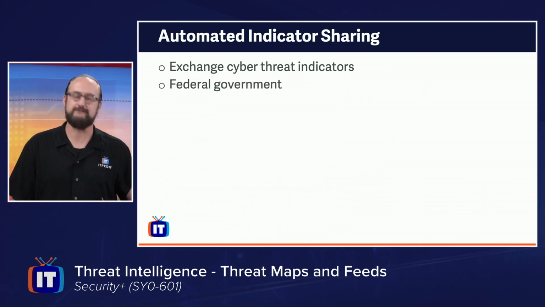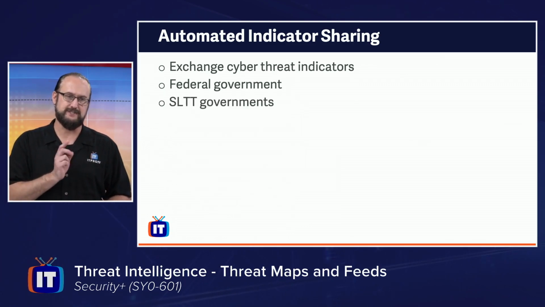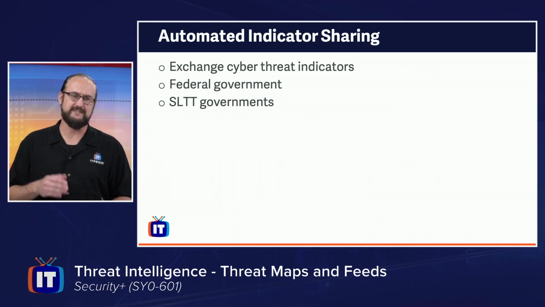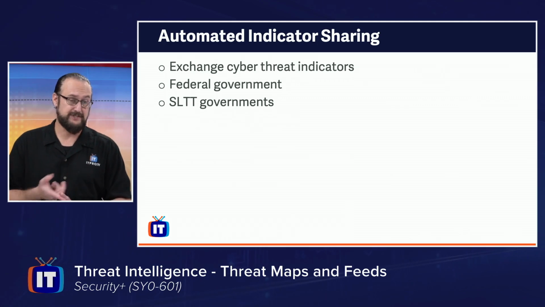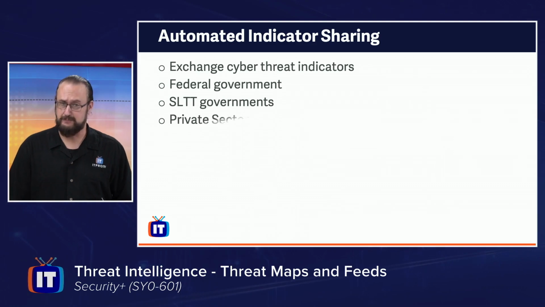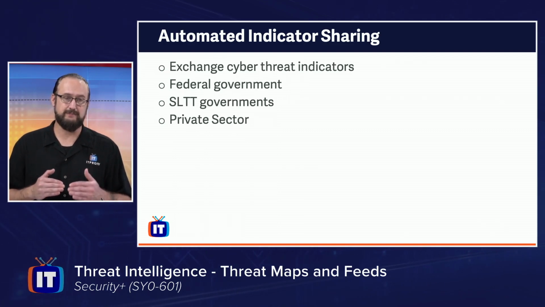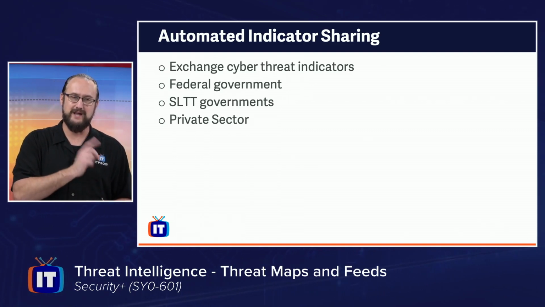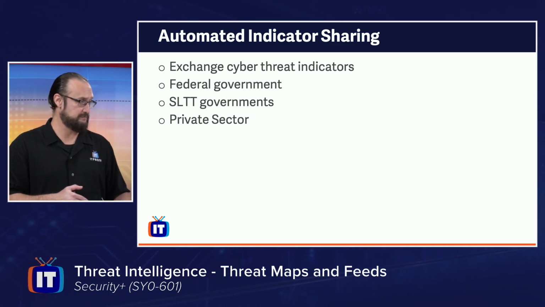You'll see a couple of terms here. Federal government, we're aware of, right? Could be local, it could be state, and that's really what this one here is. It's also used by what's known as SLTT governments. That's just terminology for state, local, territorial, and tribal governments, as well as being used by the private sector. And one of the great things about automated indicator sharing is that you can share that information at machine speed, right?